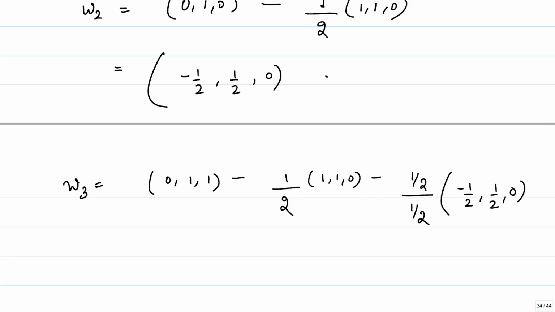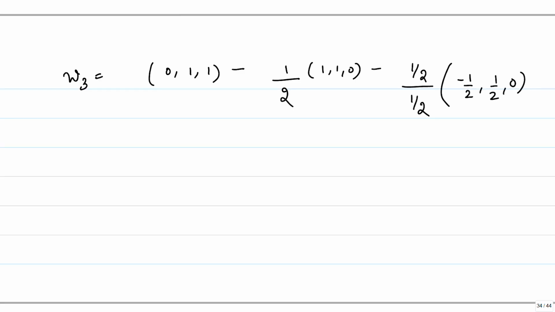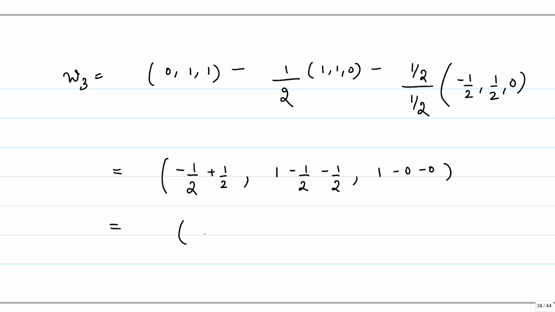I hope I am making the correct calculations. Maybe I should cross check it after I have written this. So this is going to be minus 1 by 2 plus 1 by 2, which is 0, and 1 minus 1 by 2, minus 1 by 2, and the final one would be 1 minus 0 minus 0. So we are just getting 0 1 0.